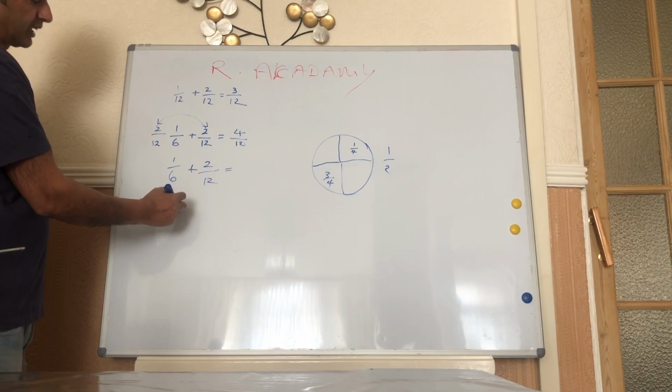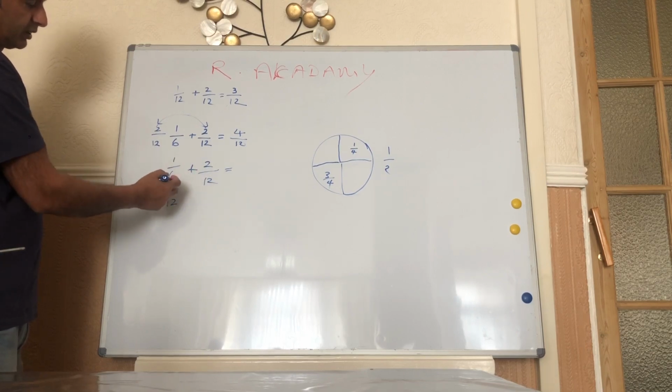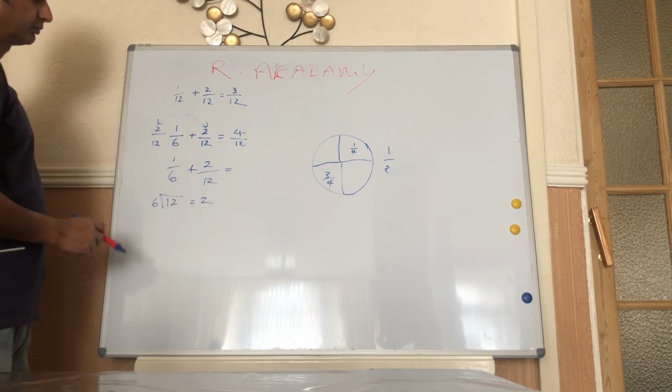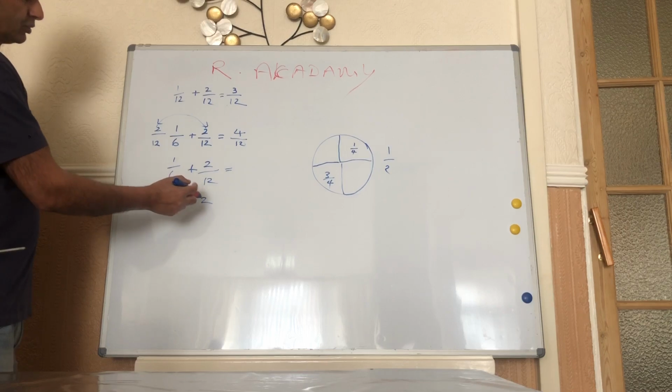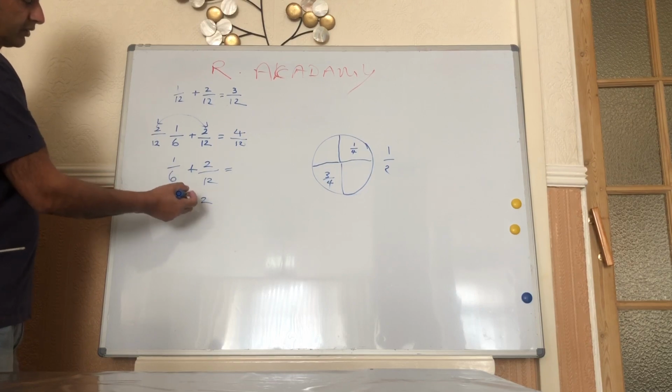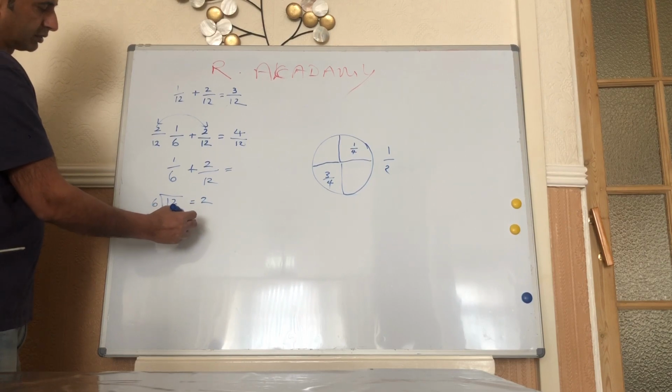You divide first, then multiply. So 12 divided by 6 equals 2. And then you say 2 times 1. So then you divide, then you multiply. So 2 times 1 equals 2.